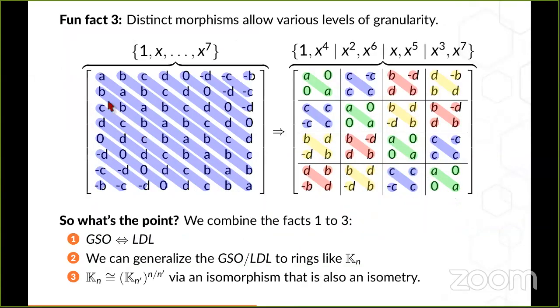If you look at the vanilla nearest plane algorithm, you can orthogonalize the circulant matrix, whereas we are going to orthogonalize the matrix on the right.